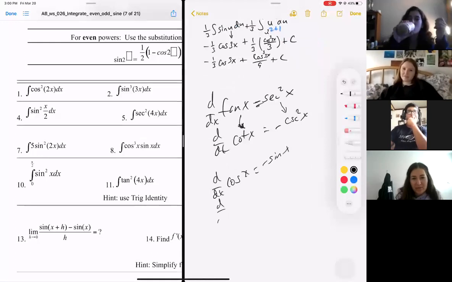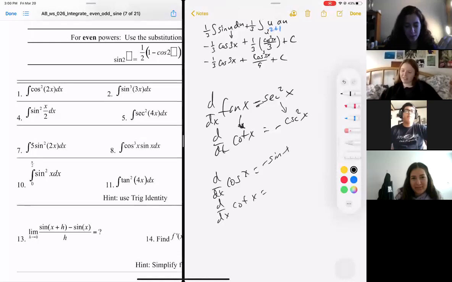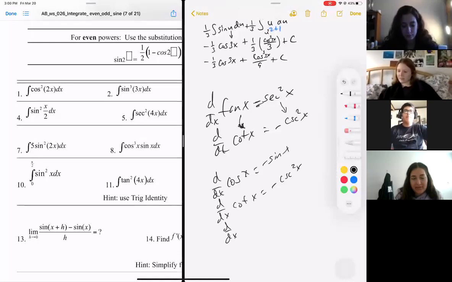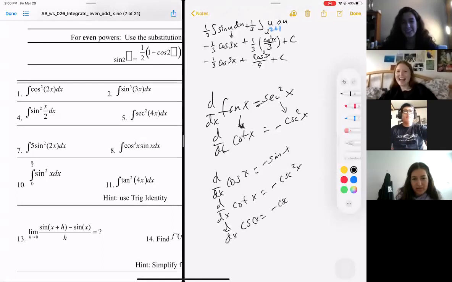The derivative of cotangent is negative cosecant squared. The derivative of cosecant is negative cosecant cotangent. If you didn't know that, just letting you know, because co sucks.